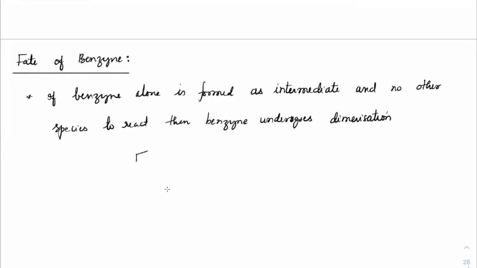So we can see that we can have benzyne here, and the other benzyne this way. If at all I put it on both sides, adding both of them, we can get a dimer form. So this type of a dimer is formed. But see the issue with the dimer.